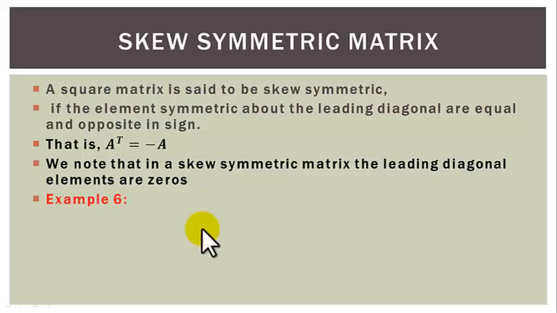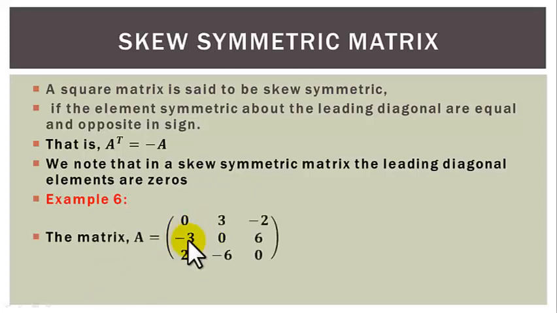Example 6. This is an example of a 3 by 3 skew symmetric matrix. As you can see in this matrix, the leading diagonal elements are all zeros, and the elements symmetric about this leading diagonal are equal but opposite in sign. You can see here we have 3 here but minus 3 here. Here we have minus 2 but 2 here. We have 6 here but minus 6 here. So this is a skew symmetric matrix.